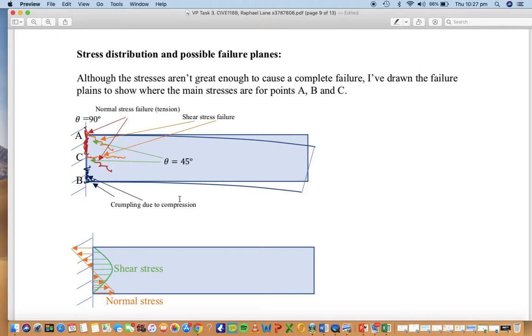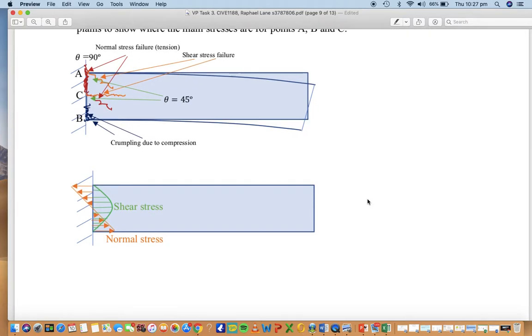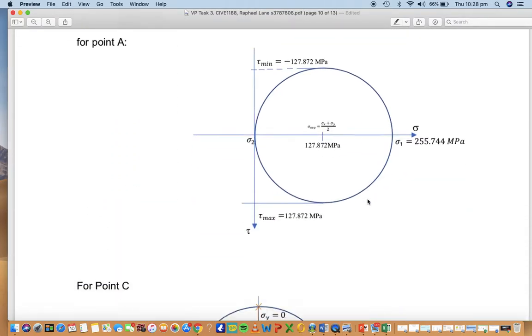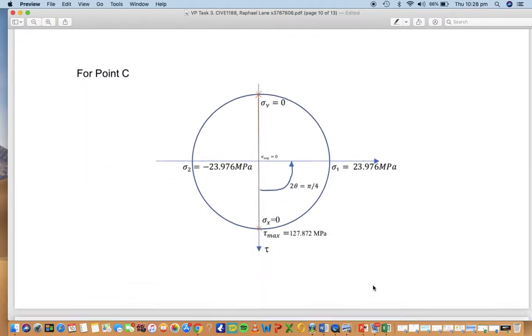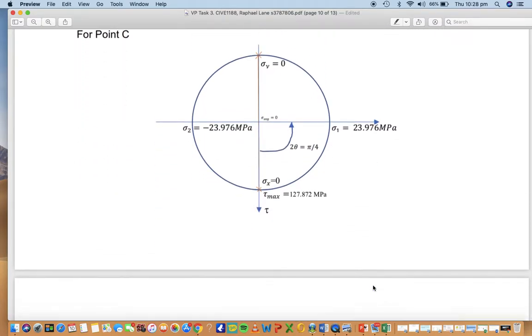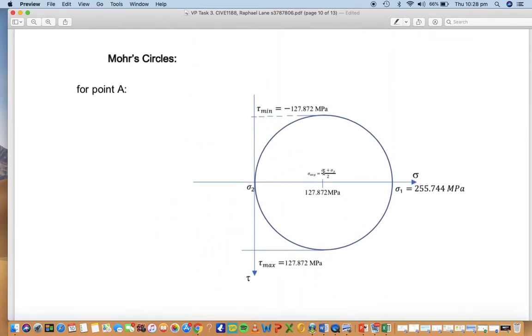And I've drawn the other stresses on there as well. And then I drew a couple more circles, mainly for me to learn a bit more about these, but also I think it's pretty great how simple they make all the information.